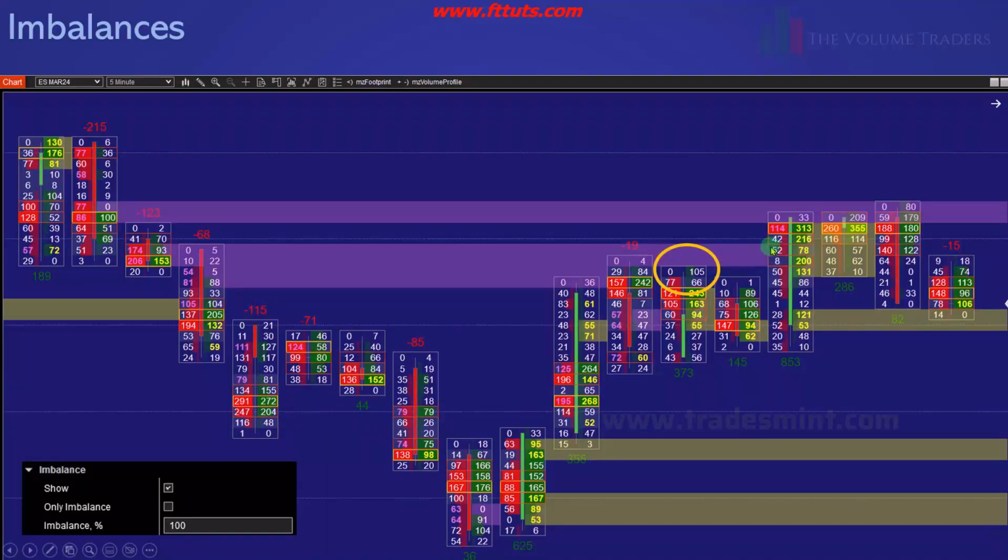Maybe the reason is also the law which I mentioned in the supply and demand lesson, that when we have 2 zones close to each other, there's a very high probability that the price will reach higher as well. Here we have zones, and the difference between them is just 2 ticks. Here's one cluster, here's the second. So 2 ticks difference. Maybe that was the reason. I don't know. I really just don't focus on this.